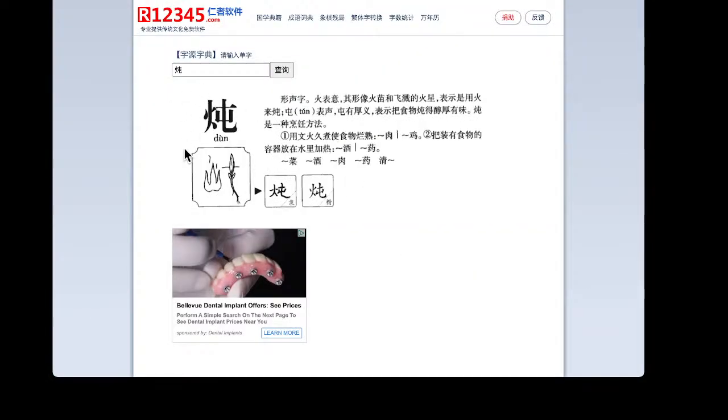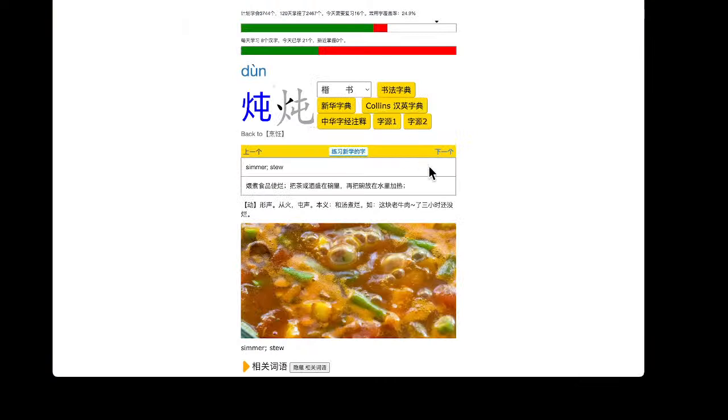The fire radical on the left, and then the character 屯, which has a meaning of thick. The reason they use that character is because this way of cooking will make the sauce thick and the flavor deep. So that's why they use this character together with the fire radical to mean that type of cooking method.